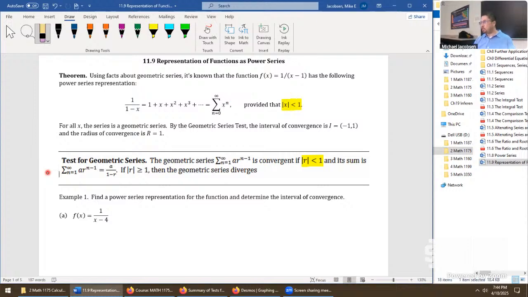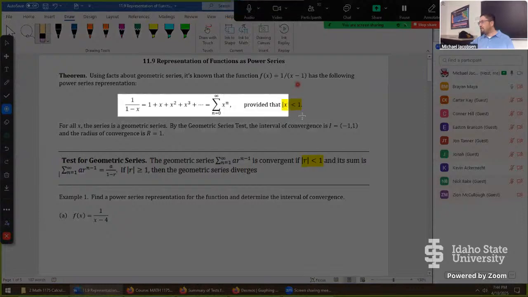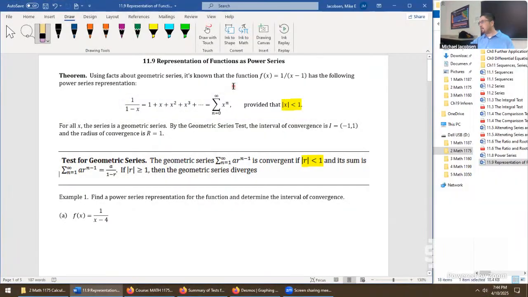Okay, taking a look into all that, now we're ready to start using this right here. I'm going to screenshot it in this kind of way. But what this theorem is also saying is, it's known that the function f of x equals 1 divided by x minus 1, hang on, that looks like a typo, let me fix this. 1 minus x is what that should actually read as.